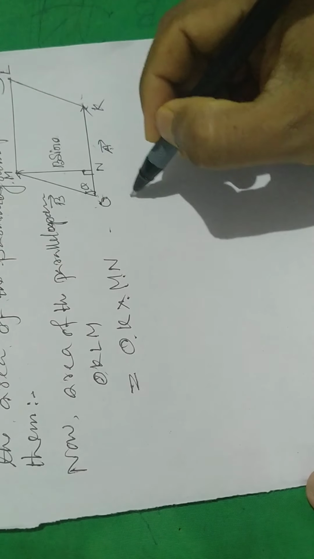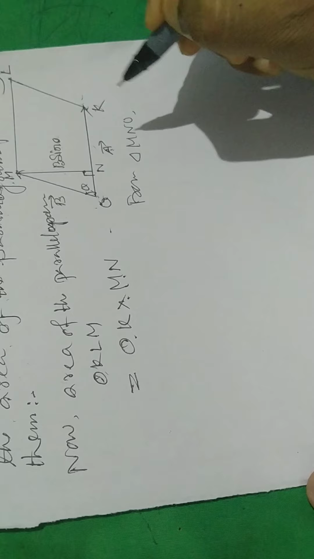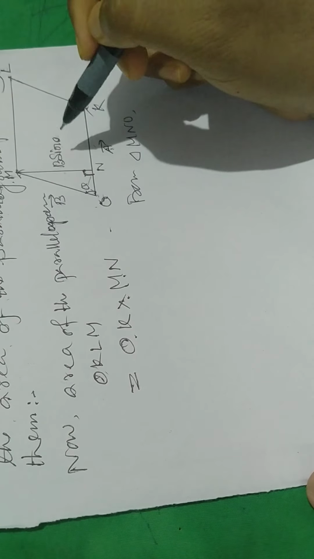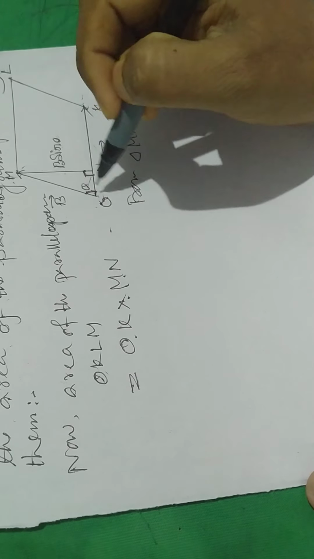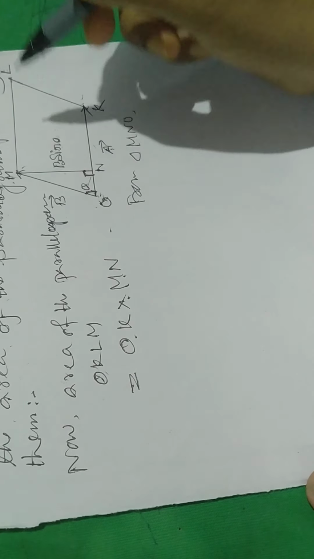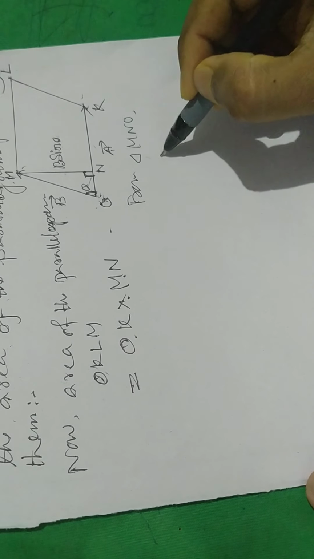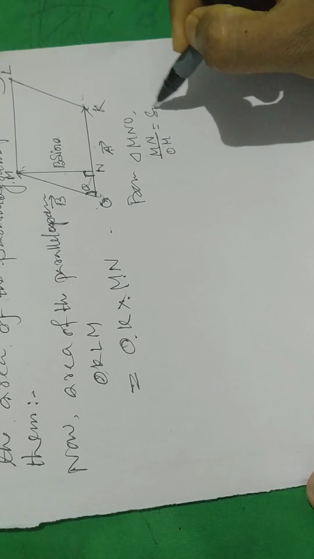If you take the triangle MNO, this is a right angle triangle, this is 90 degree. With respect to theta, MN is perpendicular, OM is hypotenuse, and ON is base. So perpendicular by hypotenuse equals sine theta.